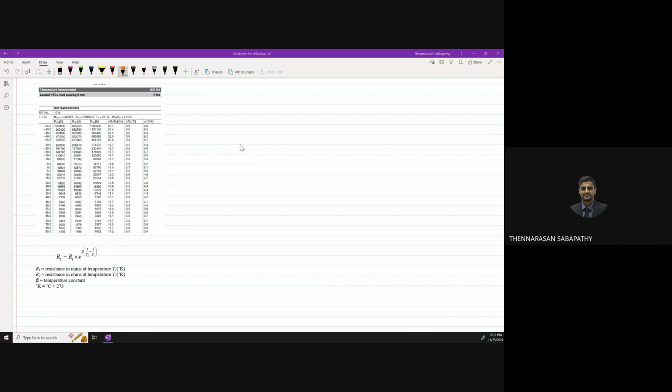As I told you, if a sensor has an electrical output, we can directly connect it to an amplifier or signal conditioning.